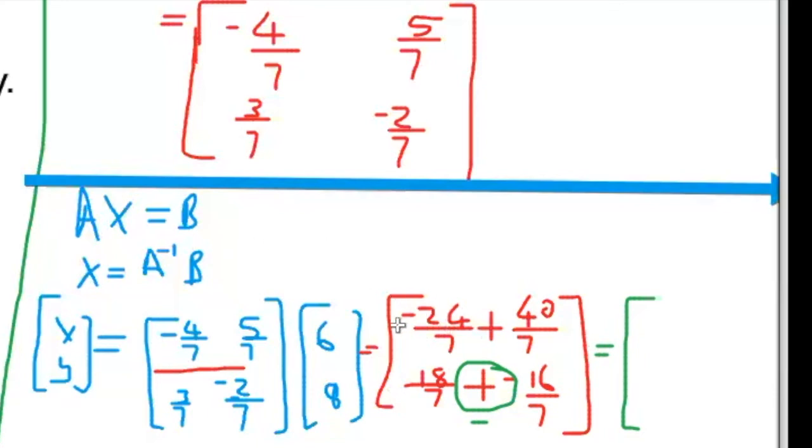So we leave the denominator as it is and just add the numerators. So negative 24 plus 40, that's 16. And then I write the denominator. So I'll have 18 minus 16, that is going to be 2. And then the denominator is 7. So that means x is 16 over 7 and y is 2 over 7. That's it.